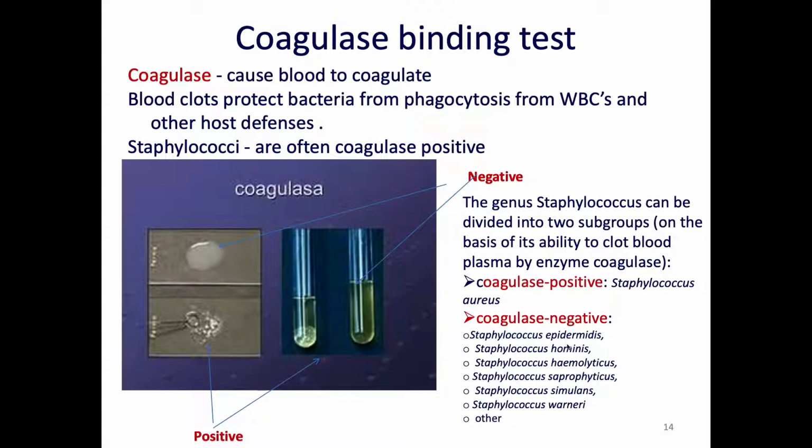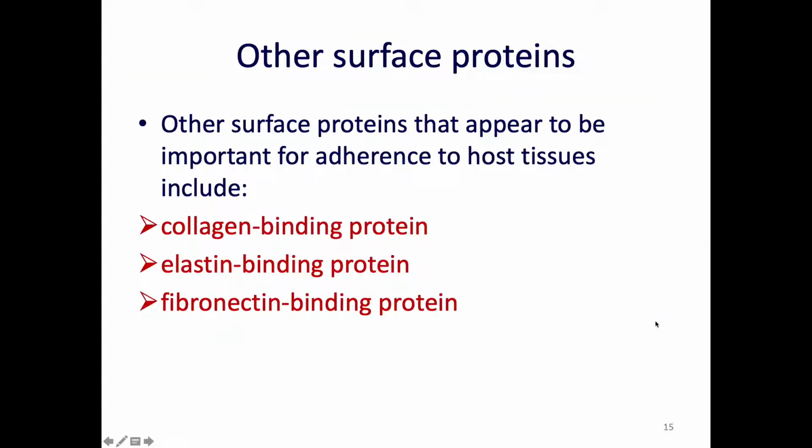As I already mentioned, Staphylococcus epidermidis is becoming more and more widespread in the hospitals. So one of the initial tests that should be done is a coagulase binding test to distinguish between Staphylococcus aureus and Staphylococcus epidermidis.